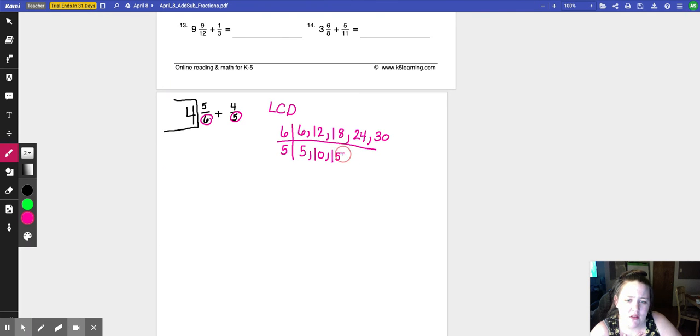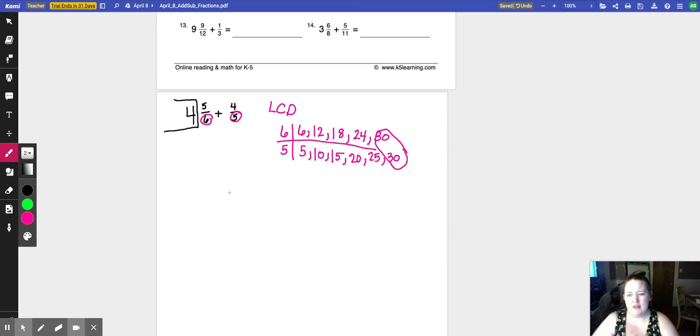You can count by 5s until you get to something that matches up here. So 15, 20, 25, 30. Oh, look. What number do they have in common first? Their lowest common denominator is 30.